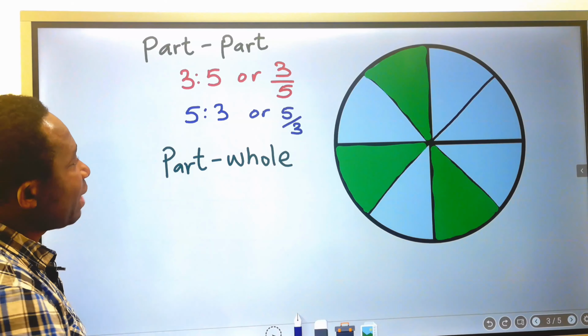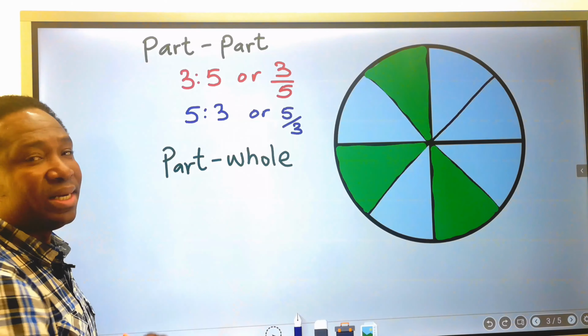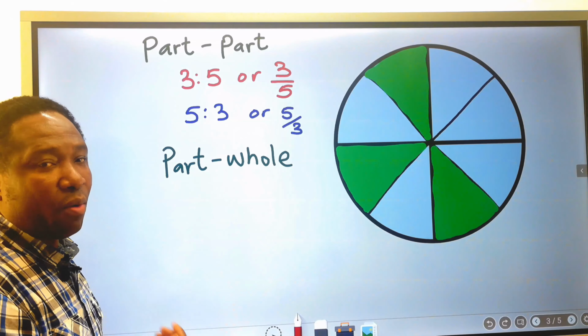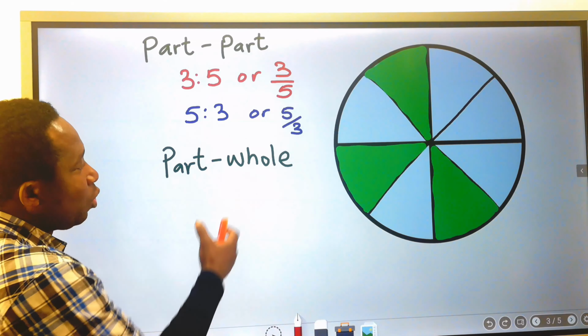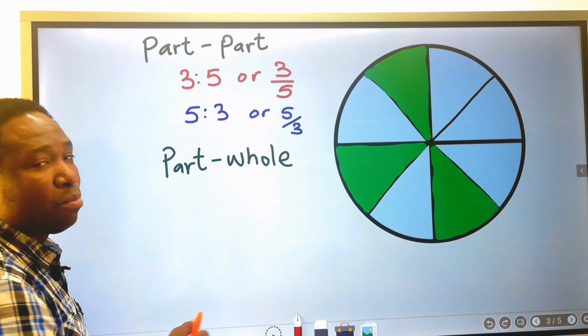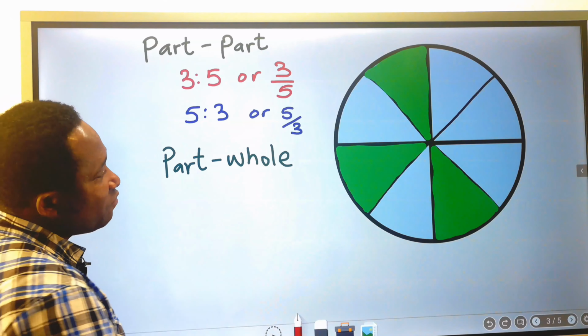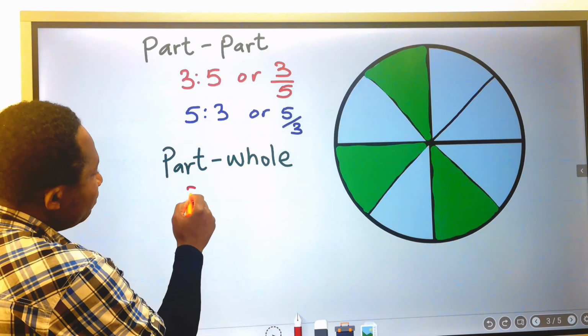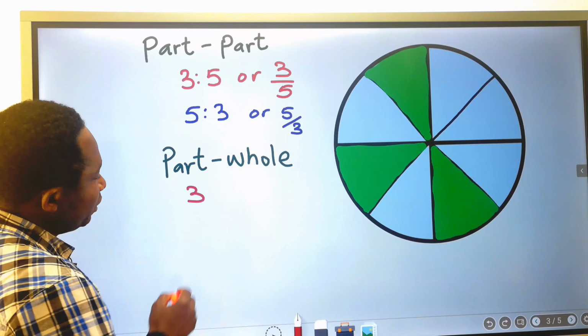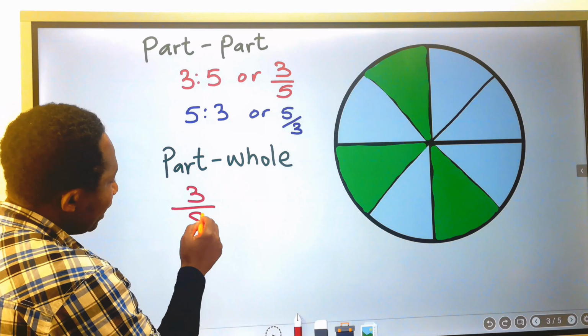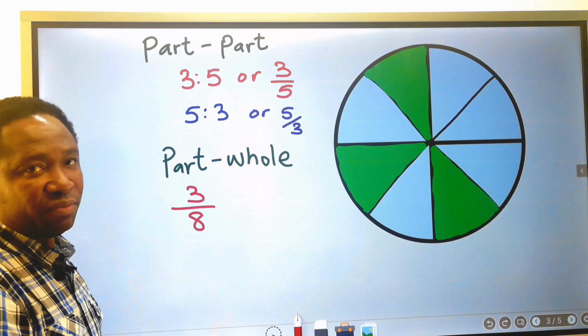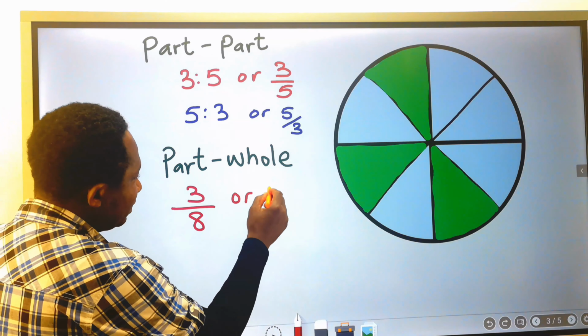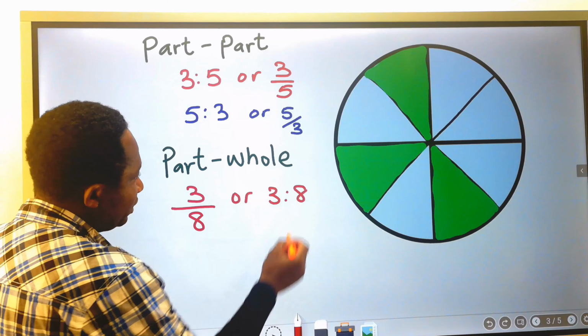For part to part, the 8 will never be mentioned. However, for part to whole, the 8 must be mentioned. If we are considering the shaded portion first, we are going to have the number of the shaded portion divided by the total number of the divisions, which is same as 3 to 8.